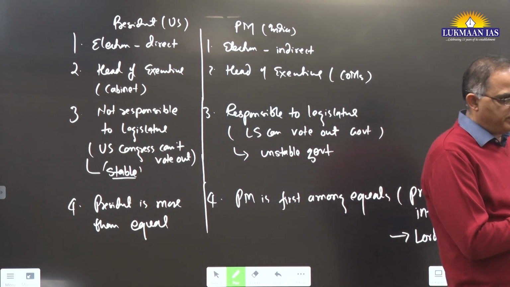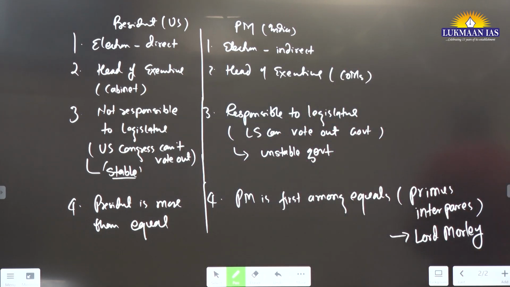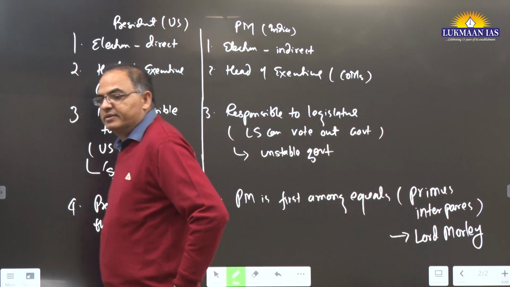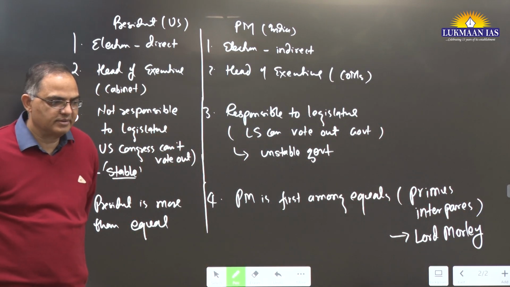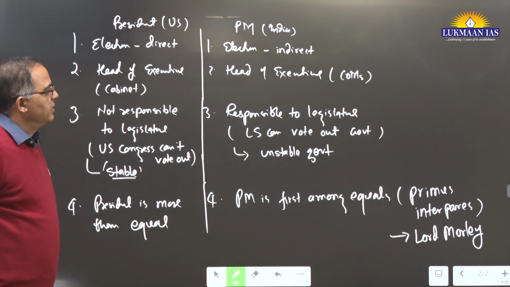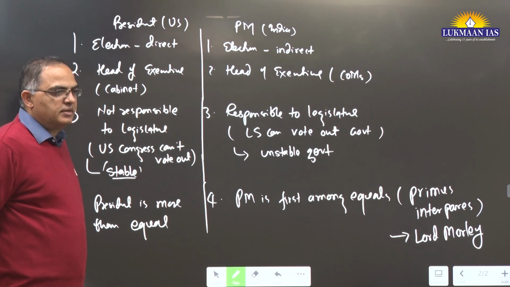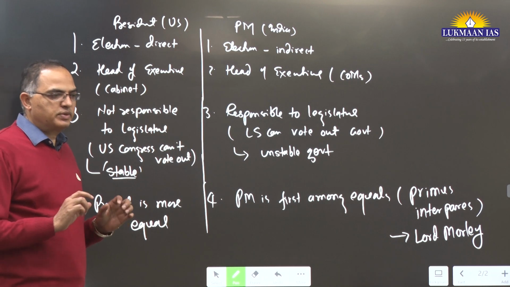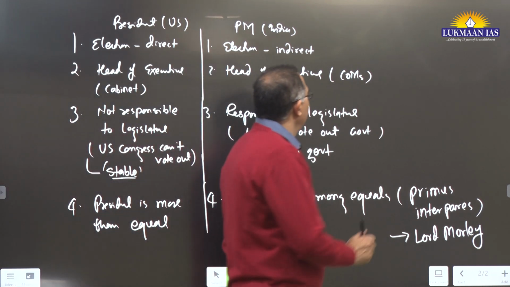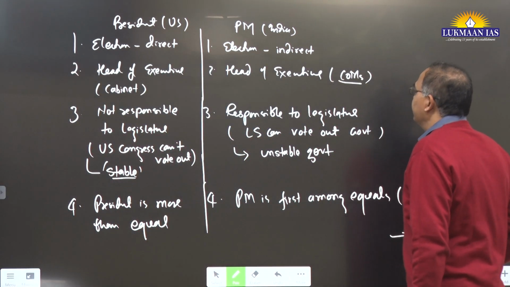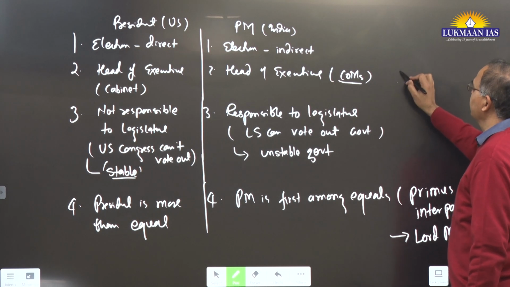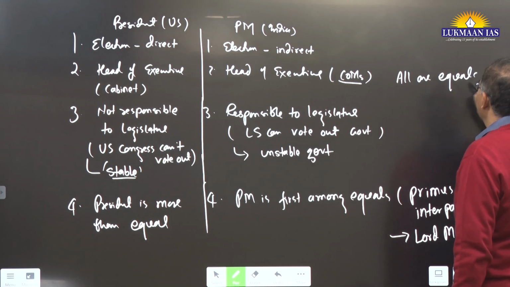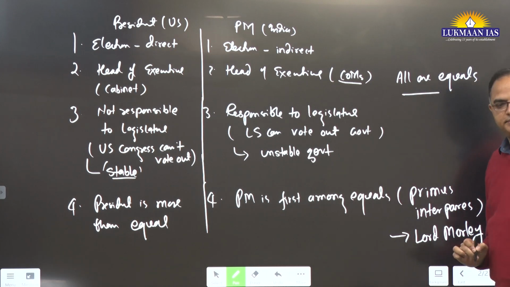Are you aware about primus inter pares? Do you read Lakshmikant? These are very popular terms. Our Prime Minister is considered first among equals. First among equals means we have a council of ministers, and all are considered equals.